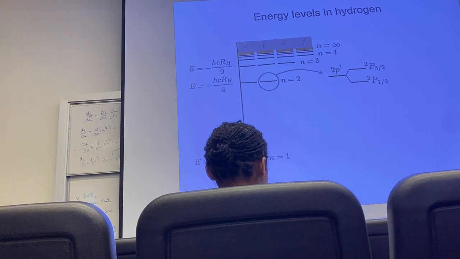So instead of writing 2p1, that's just one possibility, there are actually 2 angular momenta combinations that we have to contend with. And the electron can be either in the lower state or in the higher state of these 2 possibilities. This split is called spin-orbit splitting. The energy is split because of spin-orbit coupling.